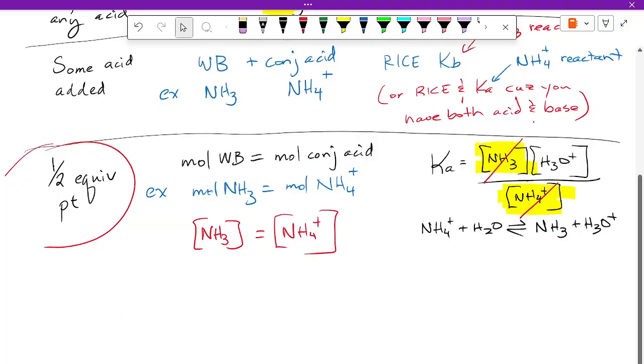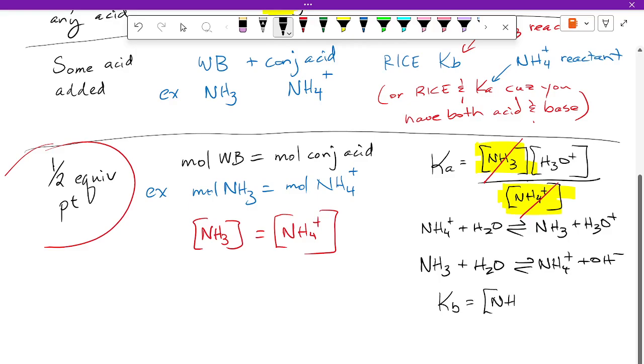You could also say, let's say we didn't use the acid form. Let's say we used the base form. NH3 plus water in equilibrium with NH4 plus and OH minus. That would give us Kb is equal to NH4 plus times OH minus over NH3.